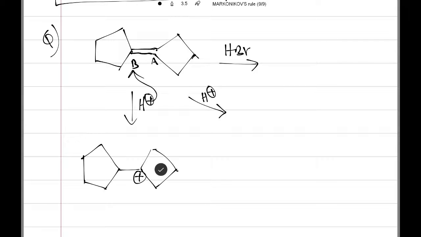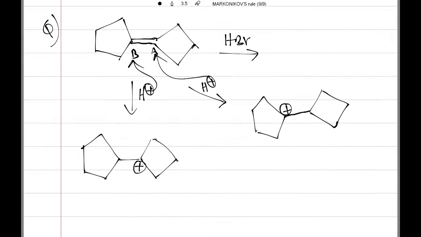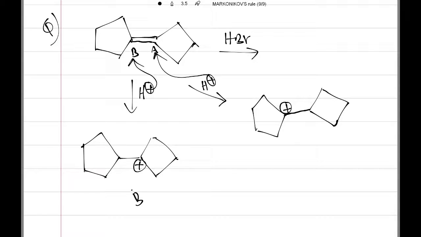In the other case, if H plus is attached to the A carbon, we can get this product. Now this is the B and this is the A.